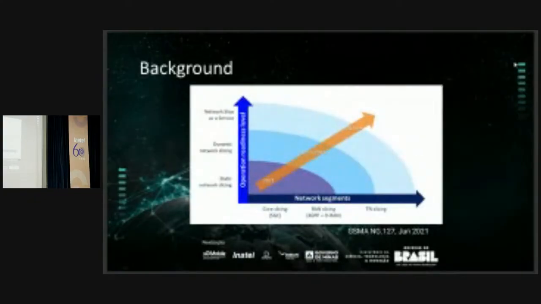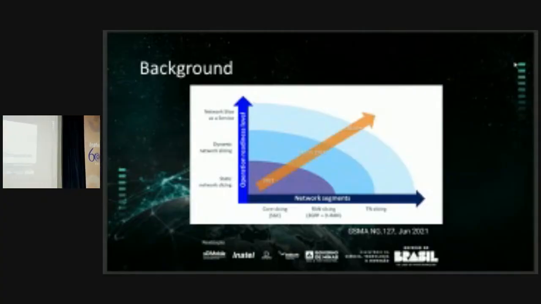And in 2021, the GSMA published one paper considering the perspective for the future. And we define the three options for this slicing, considering the core, the RAN, and the transport in this timeline.